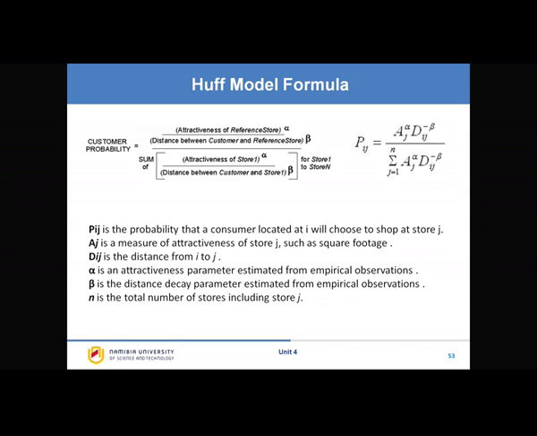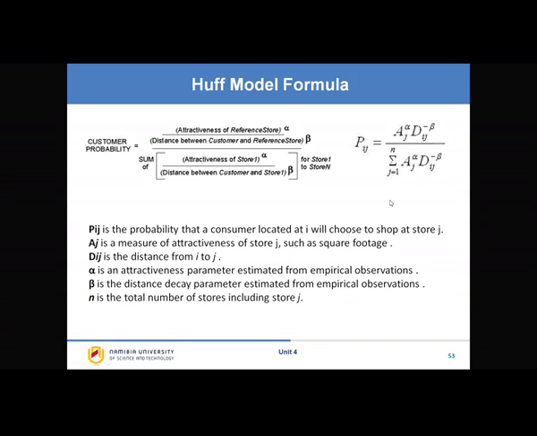And then, if we have a look at the expression here, you will have the attractiveness of the store, which is the reference store, the store involved in the calculations, the distance between the customers and this store, and then the sum of all these factors for all the stores.